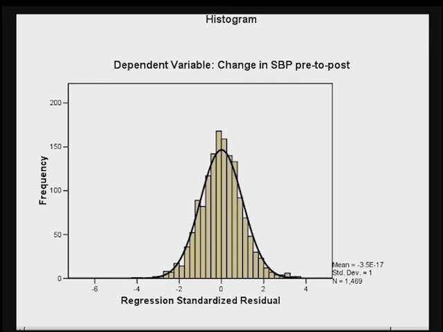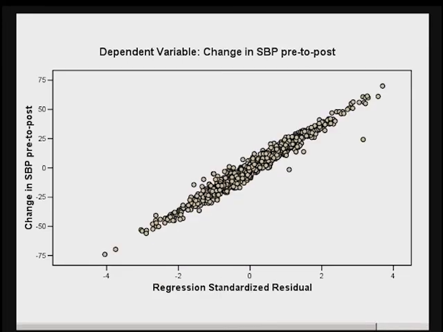So let me move down here, hang on. Okay, looking at figure 8.13 on page 211. What we're doing here is looking at an analysis of the residuals. If you look at the change in the systolic blood pressure pre to post, and then you look at the regression standardized residual, what you'll see is that the individual observations, which you see with the circles here, are pretty much in a straight line, just as figure 8.13a would demonstrate a relationship between x and y.